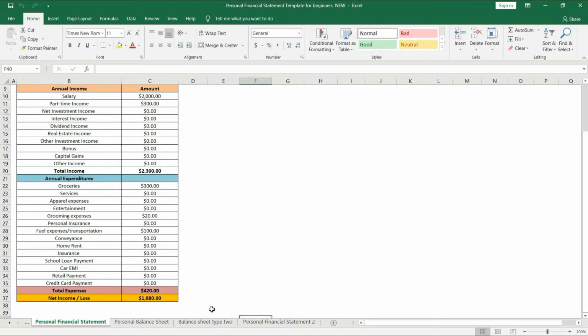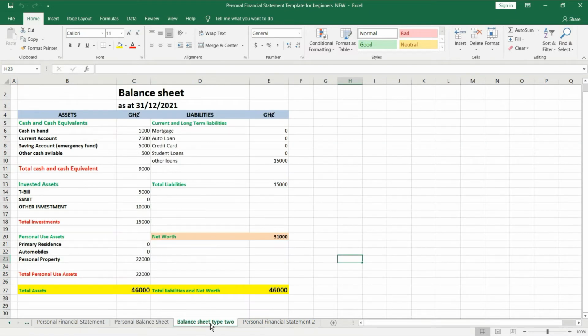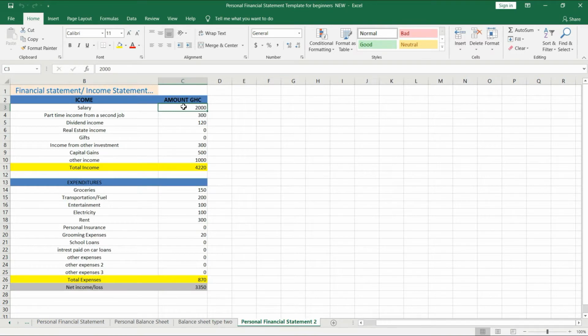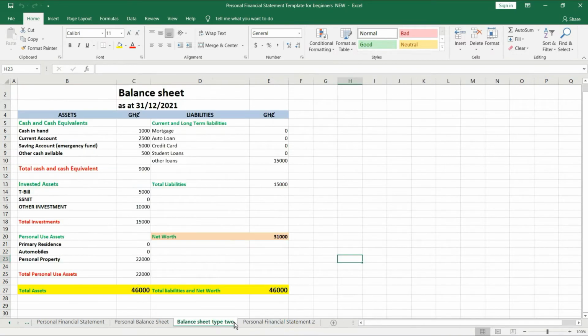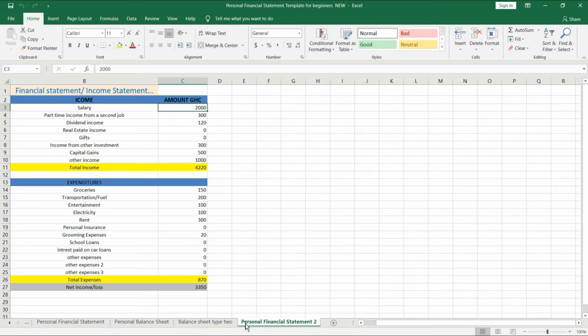That's the balance sheet type 2, and even the currency is in Ghana cedis, which is more detailed to our country. The second one is a personal financial statement. These two books are what I want us to look at now.